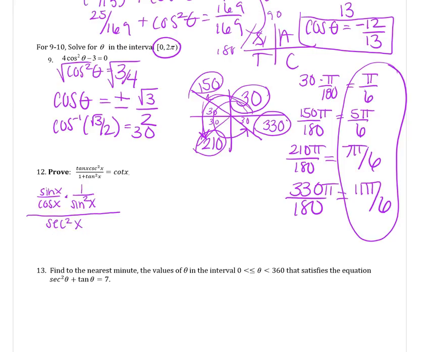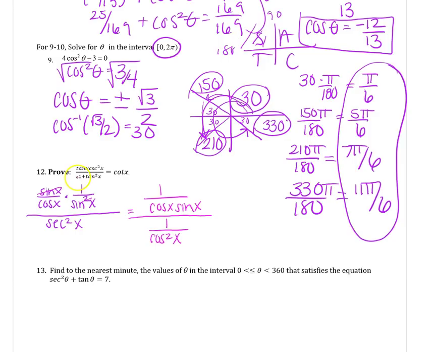Now right here what I'm noticing is I can cancel a sine in the top with a sine in the bottom. That's 1 over cosine of x, sine of x. Completely divided by, now I'm thinking I'm going to rewrite this as 1 over cosine squared of x, because secant is the reciprocal of cosine. Okay, make sure again you don't drop off your squares.